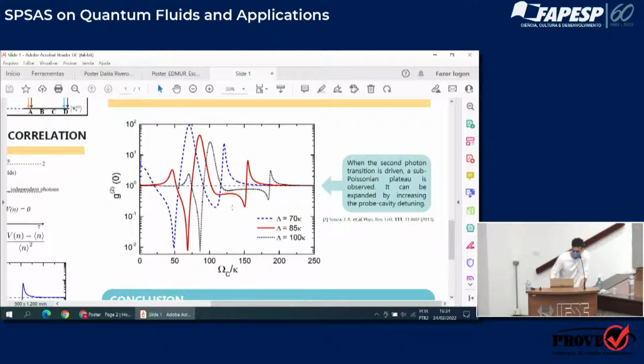And if you see here in the second valley, we have this range where we can produce quantum light, and if we change the detuning between the probe and the field in the cavity, we get this range wider.